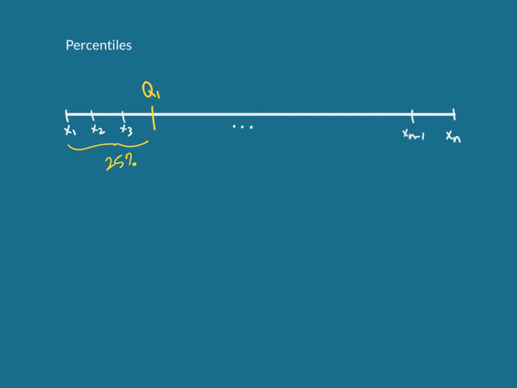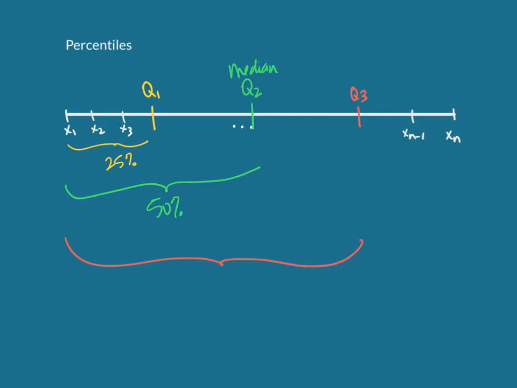And if we calculate the median, also called Q2, that separates the lowest 50% of the data from the upper 50%. And we can also talk about the upper quartile, Q3. And that separates out the lowest 75% of the data from the upper 25%.